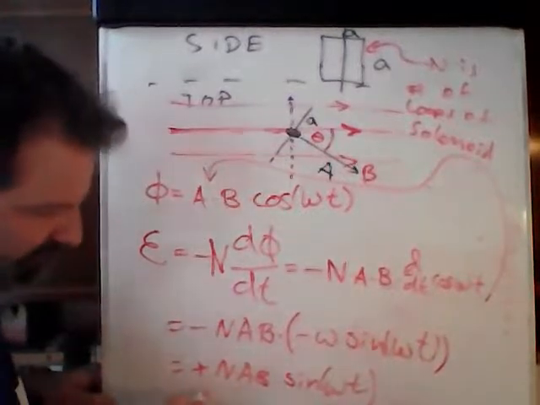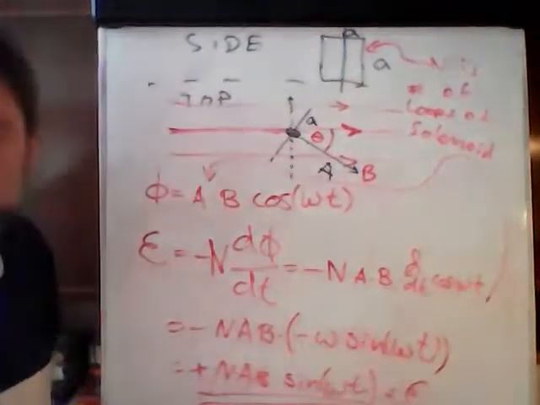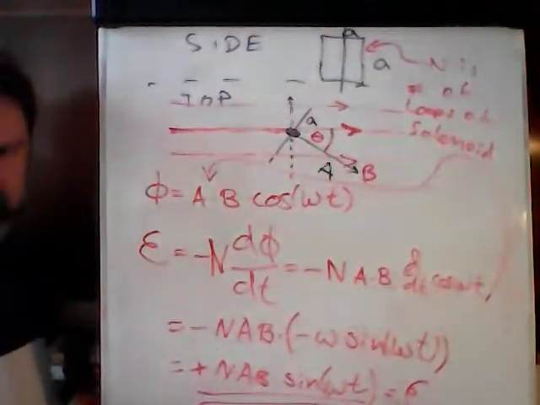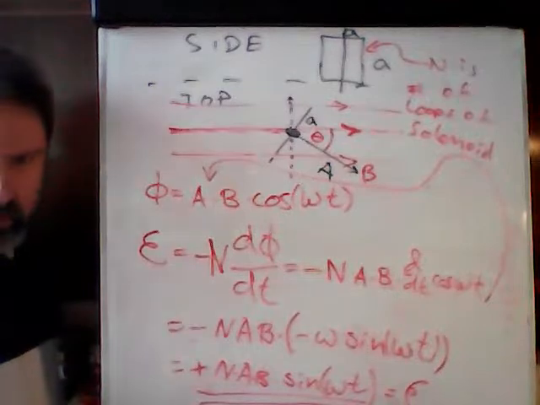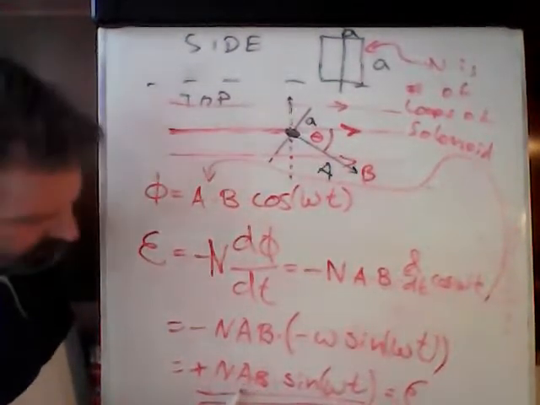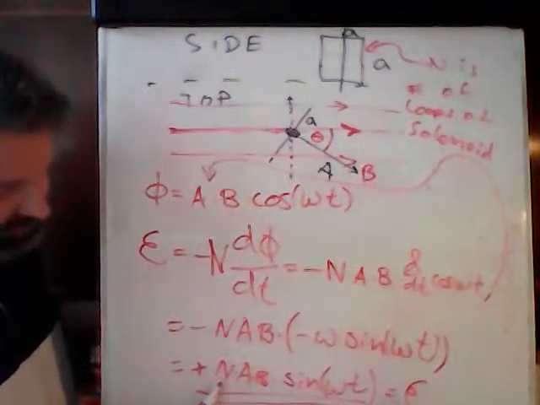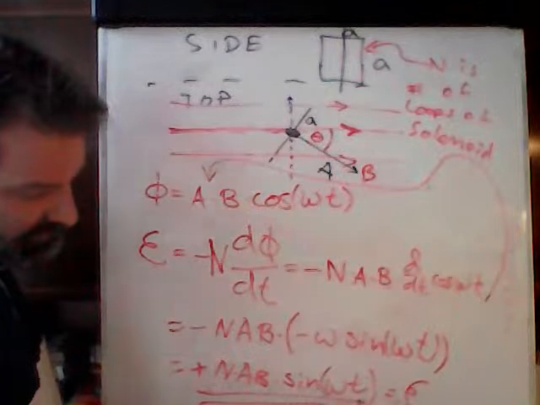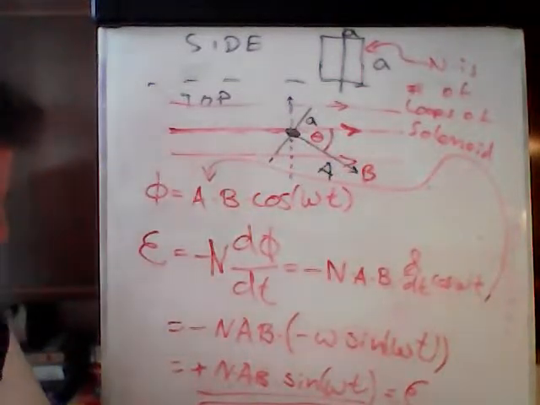So that is the EMF we're generating with a generator. The amount of voltage it generates depends on the magnetic field, the area of the loops or the solenoid, the number of loops in the solenoid, and also omega, which I lost.